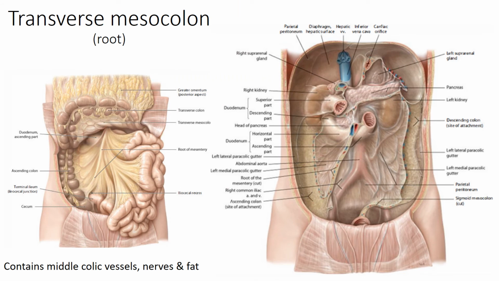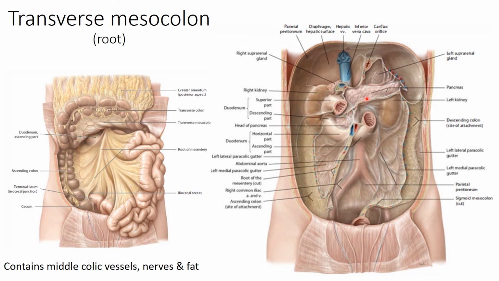Now the mesentery of the transverse colon is known as the transverse mesocolon, and it wraps the transverse colon completely and suspends it from the posterior abdominal wall. Its posterior attachment to the posterior abdominal wall is known as the root of the transverse mesocolon. It is lying obliquely, and at the right extreme near the hepatic flexure, it is lying just anterior to the second part of the duodenum.